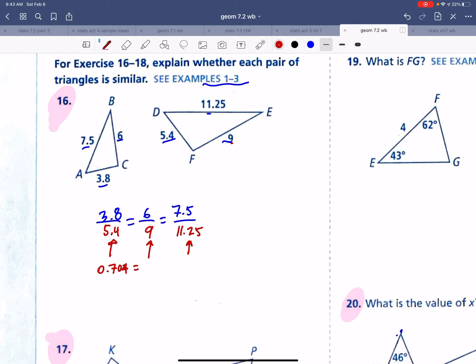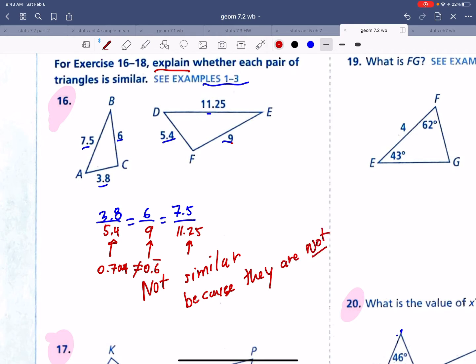I don't think that's going to work out because 6 divided by 9, those are not equal to each other. So we're going to say no, not similar. And it says explain, and so the reason why is because they are not the same ratio. They are a different ratio.